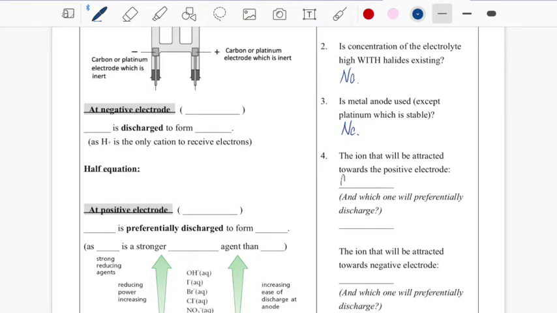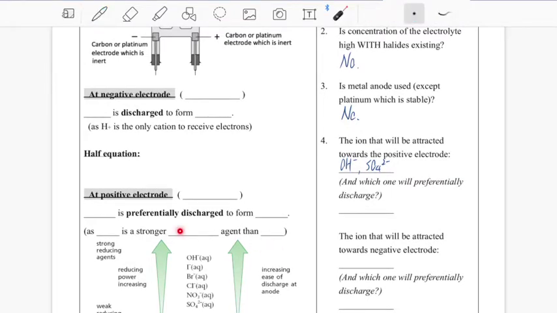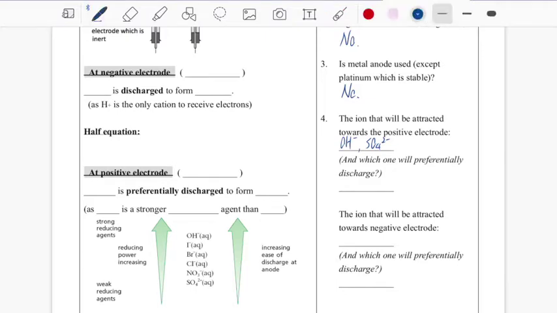So both OH minus and SO4 2 minus will be attracted. And then which one is going to be discharged first? Later we're going to use this table to help us decide. On the other side, the negative electrode, only H plus would be attracted, so H plus is going to be the one that is discharged.